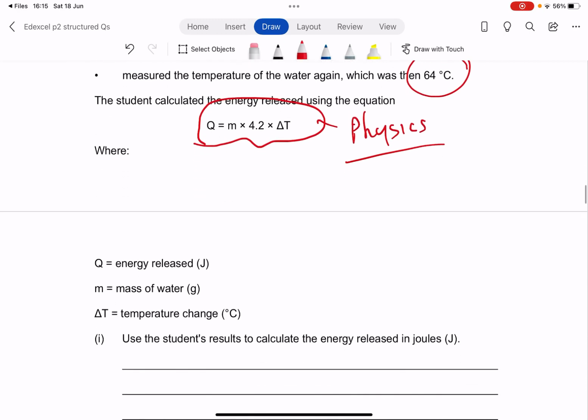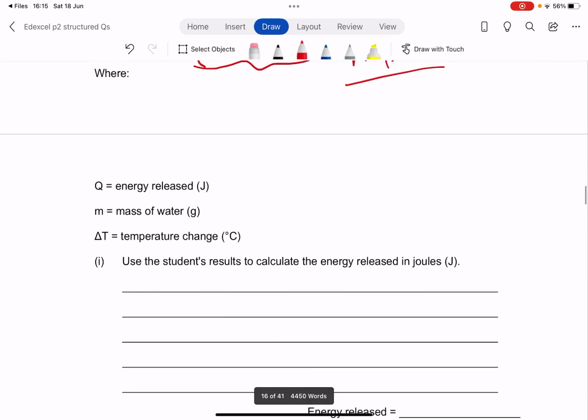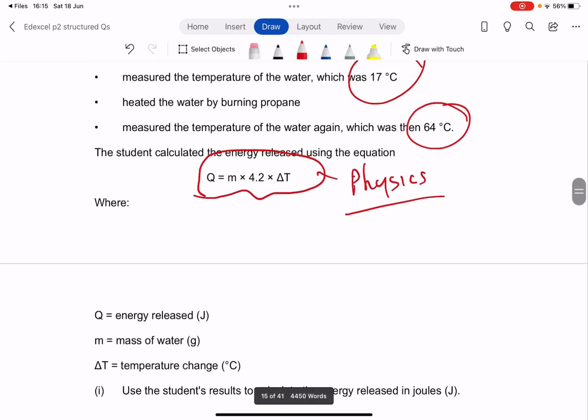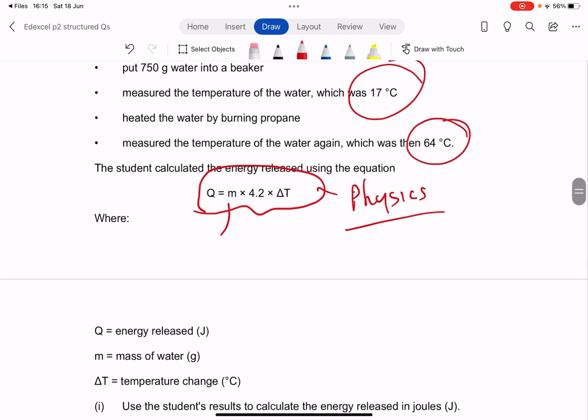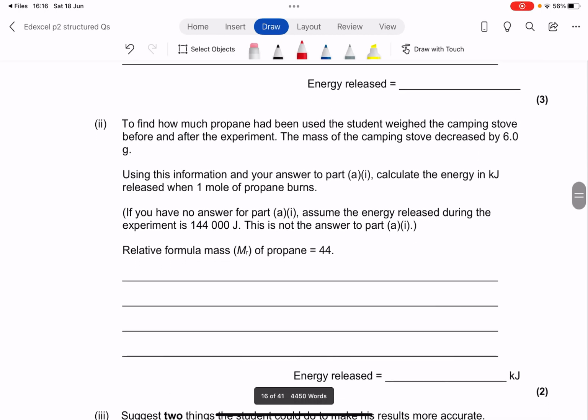So we'll basically use the student's results to calculate the energy released in joules. The mass is 750 times 4.2 times the change in temperature, and that's all they would be doing here. But I just gave you that to understand what's going on.